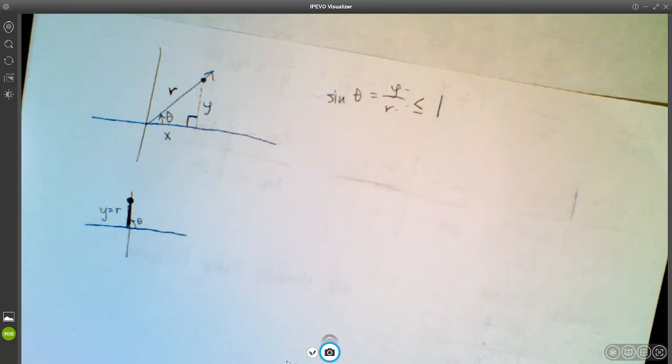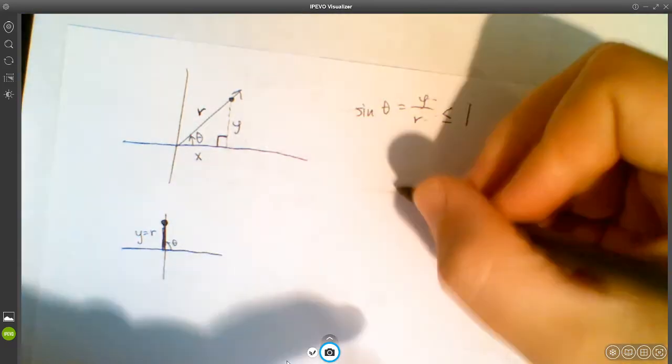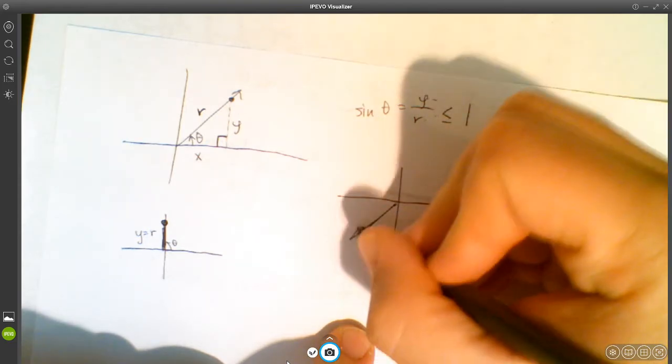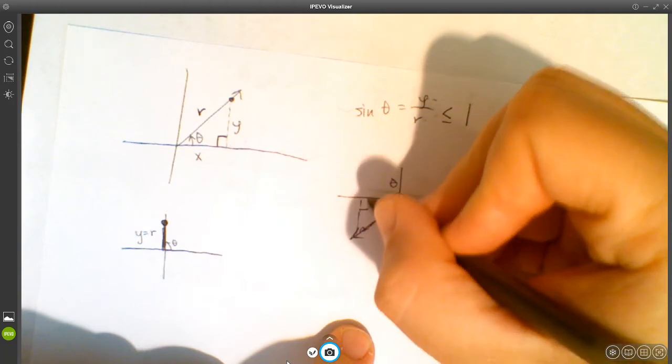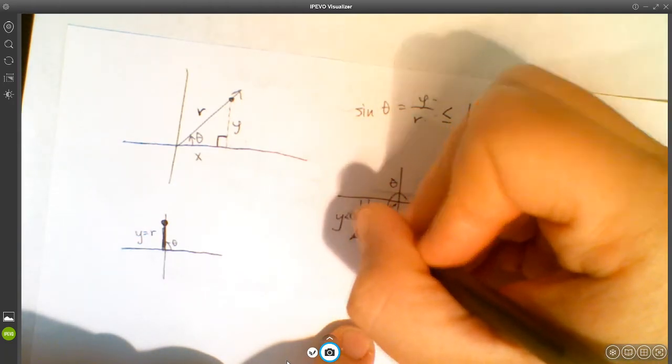On the negative side of things, I drew this triangle in quadrant 1, so y was positive and r was positive, but you could also have an angle down here, let's say in quadrant 3, in which case y would be some negative value, right? y would be less than 0.